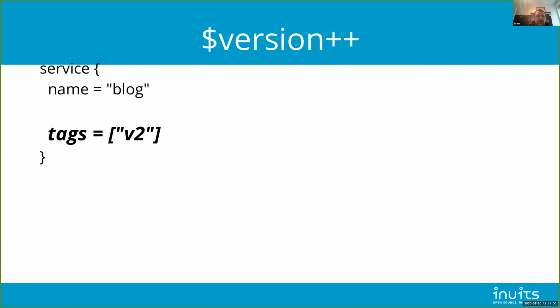This brings its own problems. By using tags, we can make sure that we distinguish between the current version and version n+1. In this case, we'll add a version 2 tag, which we can programmatically add to our definition by using templates.